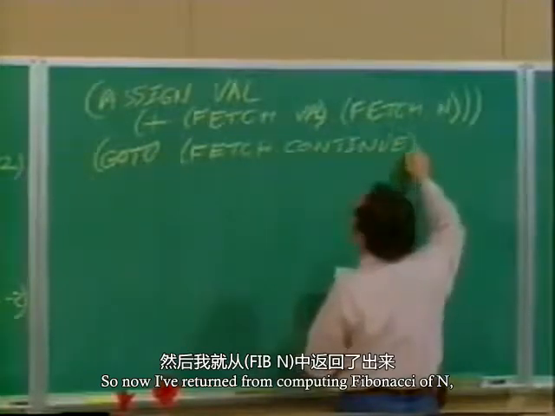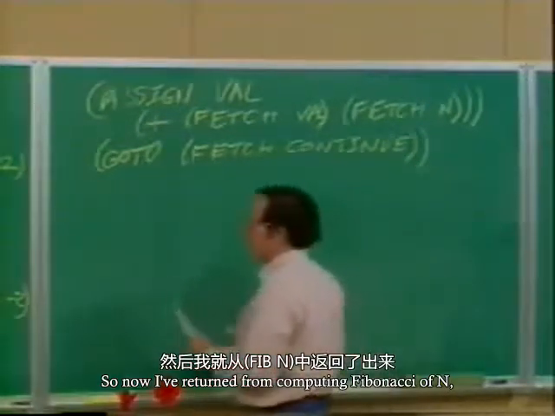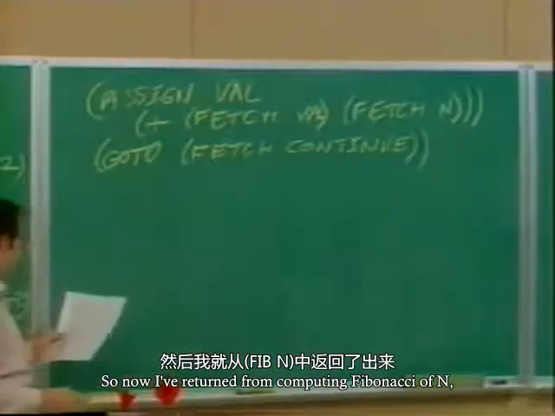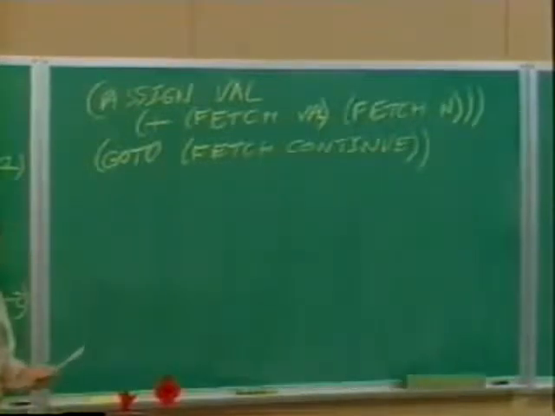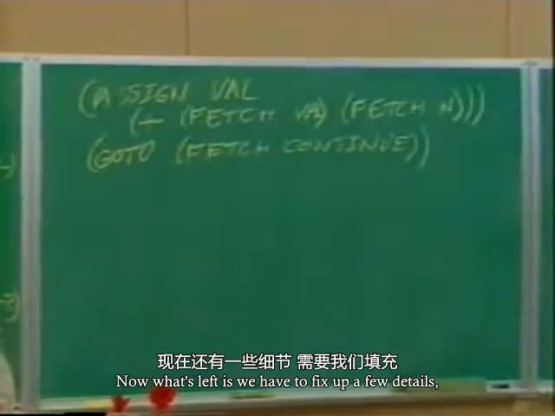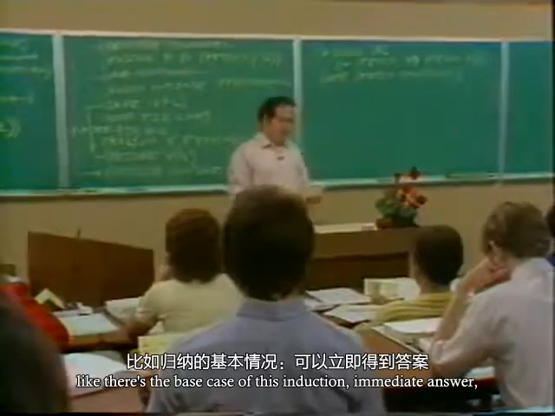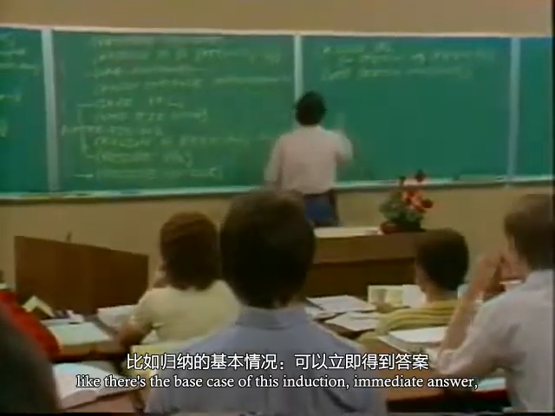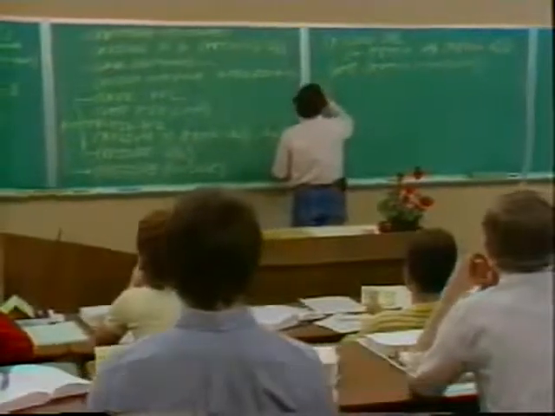So now I've returned from computing Fibonacci of n. Then the general case. Now what's left is to fix up a few details. Like there's the base case of this induction, immediate answer.